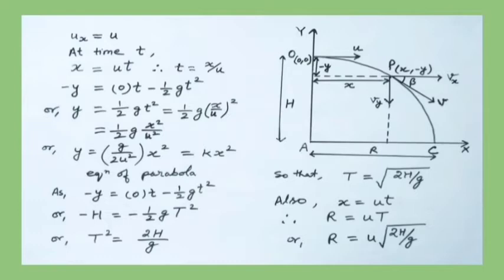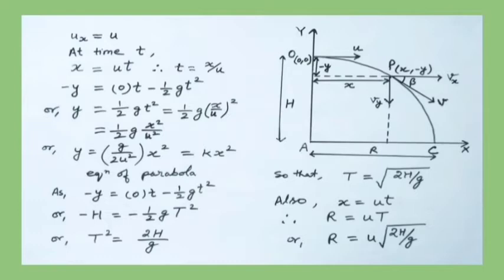The horizontal displacement is then x = ut, and the vertical displacement is -y = 0 into t minus half gt square, or simply y = half gt square.